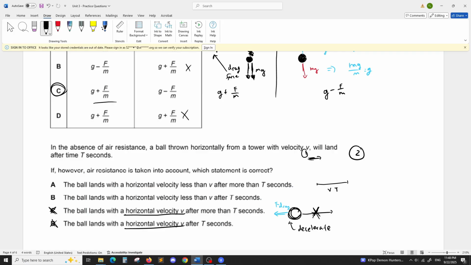So we are left with two answer choices. The ball lands with horizontal velocity less than v after more than t seconds, and the ball lands with a horizontal velocity less than v after t seconds. They both seem somewhat viable, but A would be the more correct answer because they don't really state that t is non-zero.